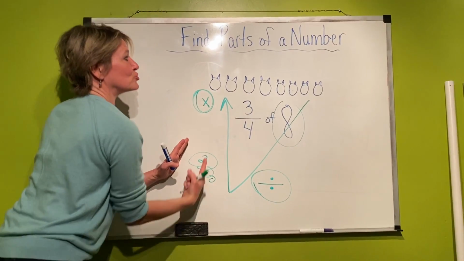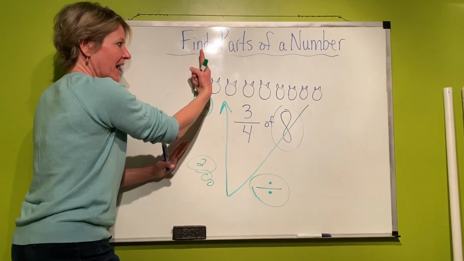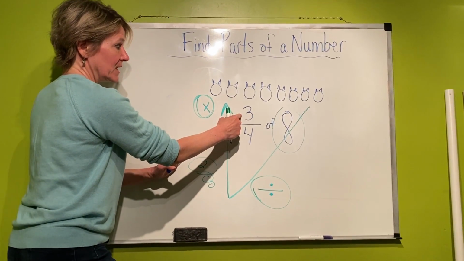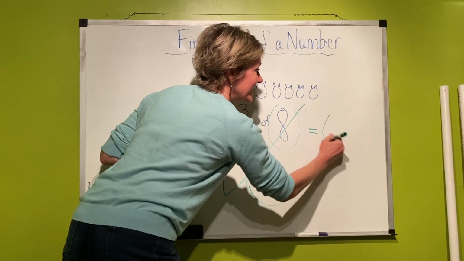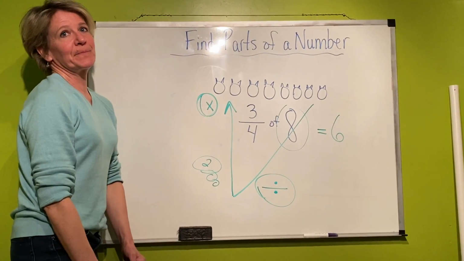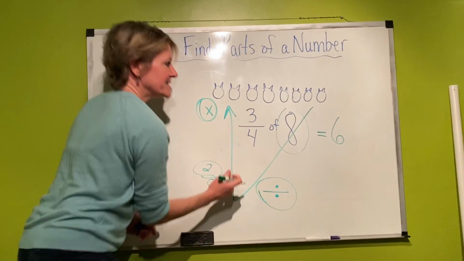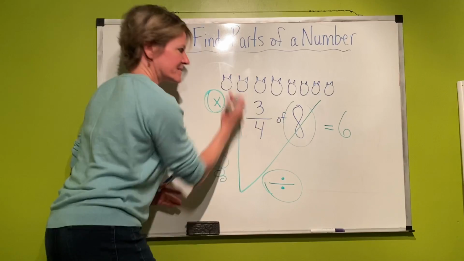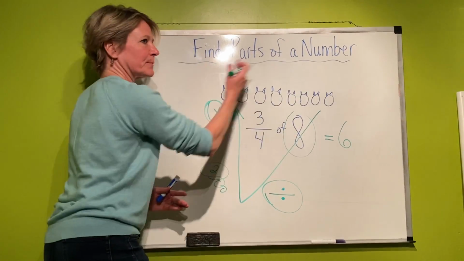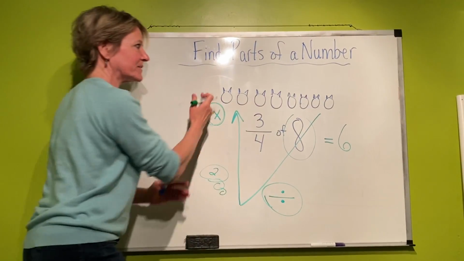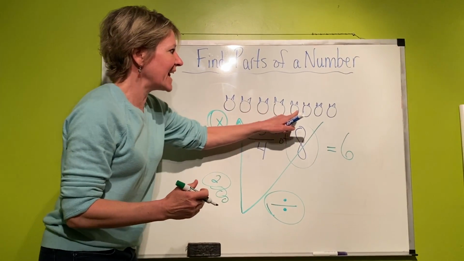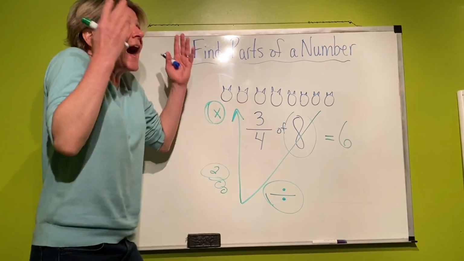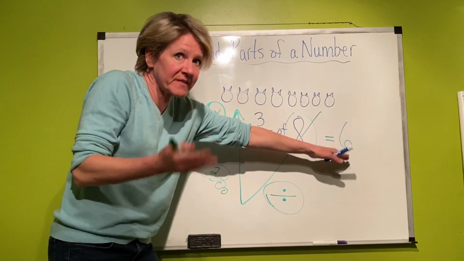And now I'm going to zoom it up or zag upward with the multiply. 2 times 3 is 6. 6 kittens were white. Zig, zag. Say that over and over. Zig, zag, divide, multiply. So if a mommy cat had 8 kittens and I told you 3/4 were white, how many kittens are white? The answer would be 6 kittens are white.